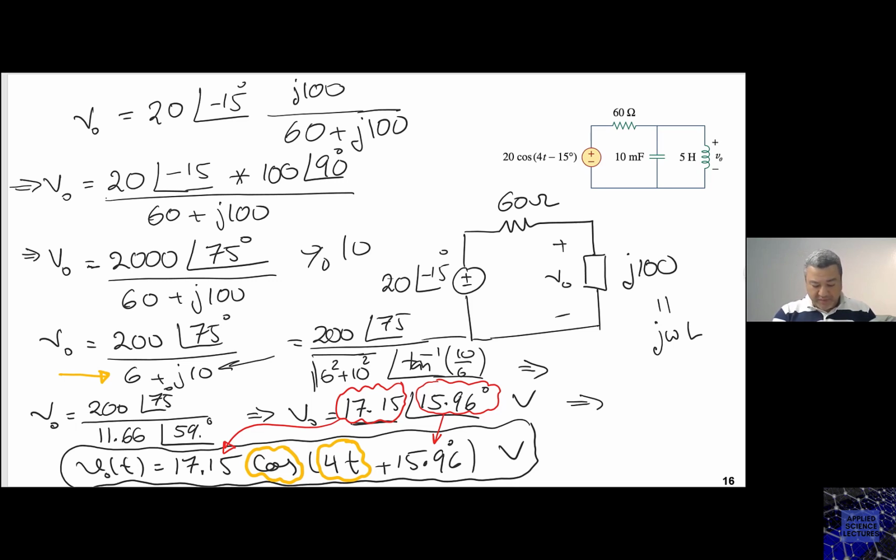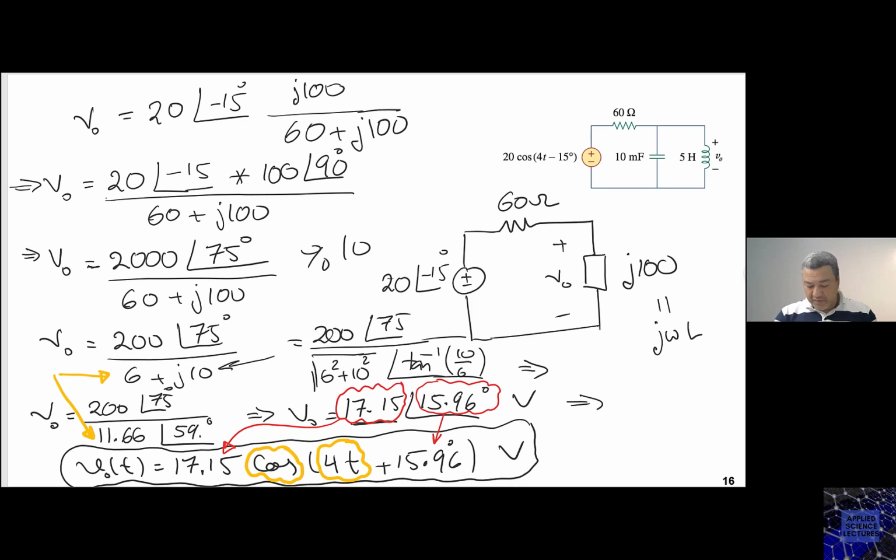We got 11.66 with a phase angle of 59, right?